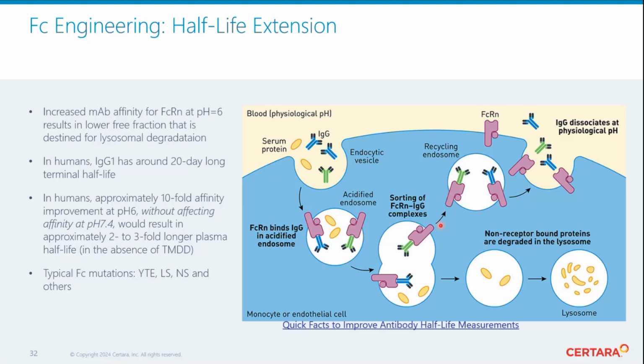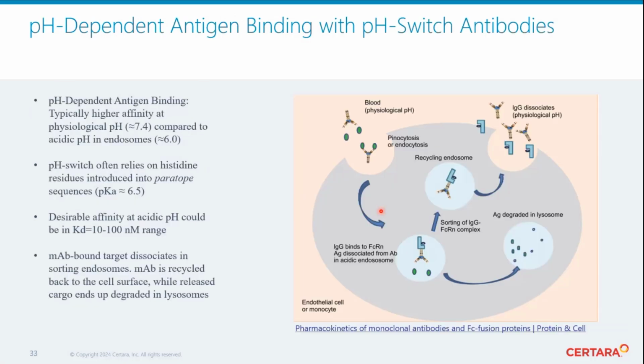So when we tinker with antibody affinity, we can make it stay in circulation for longer. That's half-life extension. When we tinker with antigen binding affinity, we can make the antibody capture the antigen from circulation. It's internalized. In endosomes, pH is lower. We can engineer the antibody so that it drops off the cargo there and goes back. That's called pH switching.